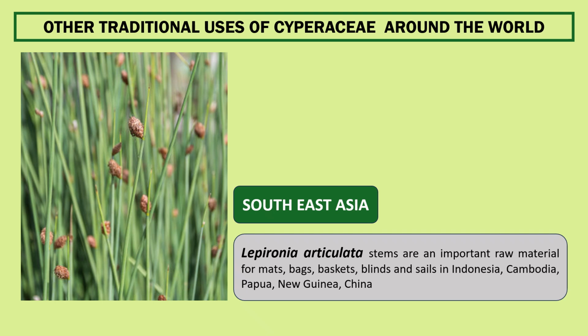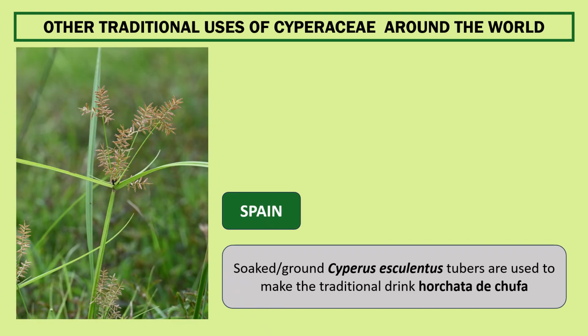You can find this plant in Southeast Asia, and the stems of this plant are being used as raw materials for handicrafts like making mats, bags, baskets, and all. So you will find these in places like Indonesia, Cambodia, New Guinea, and China. In all these areas you will find this plant being used as raw material for handicrafts.